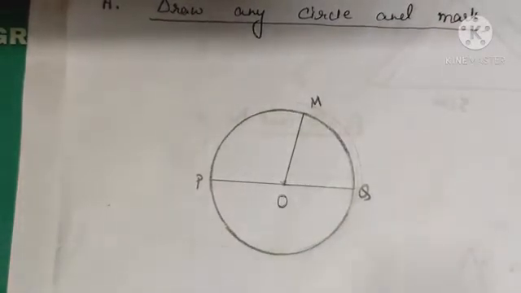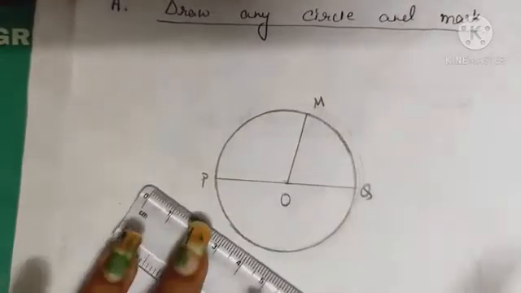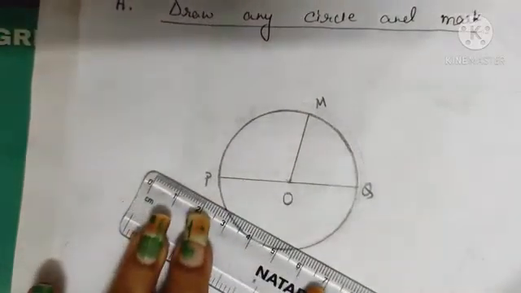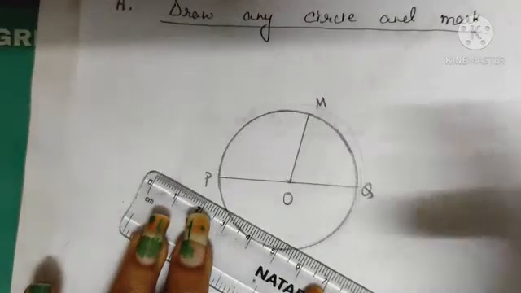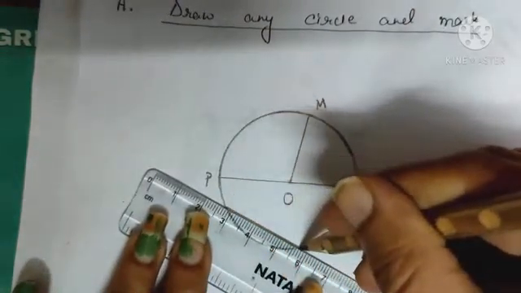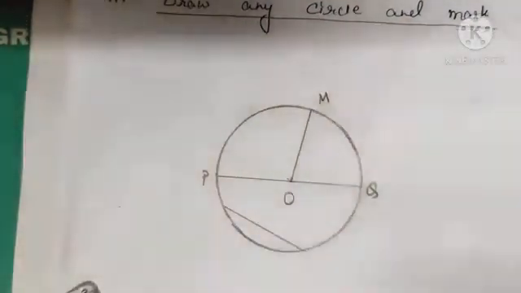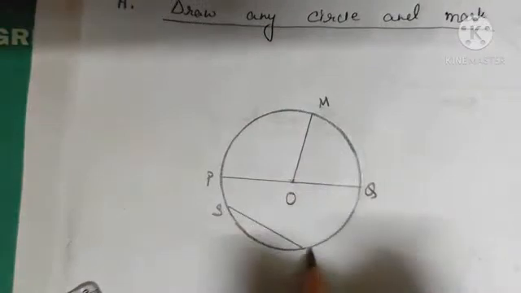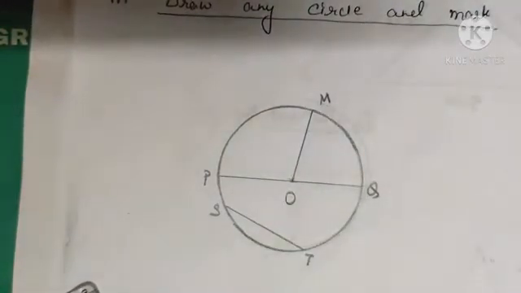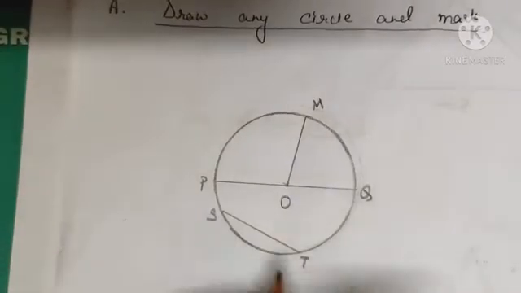Now number 4, a chord. A chord is a line segment whose end points lie on the circle. So here ST is a chord, its end points lie on the circle.